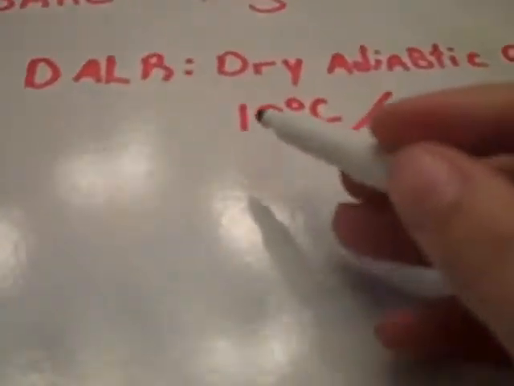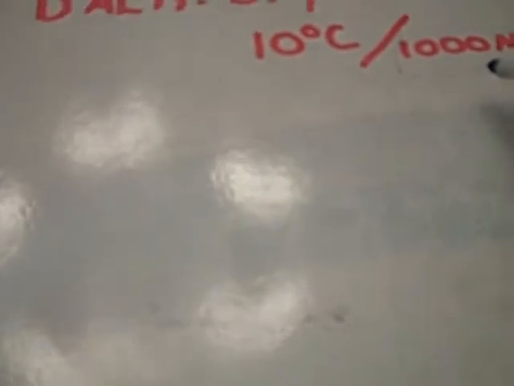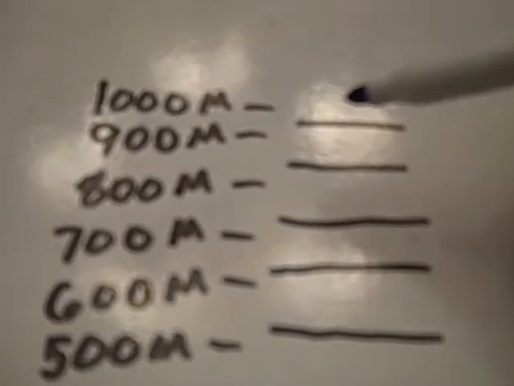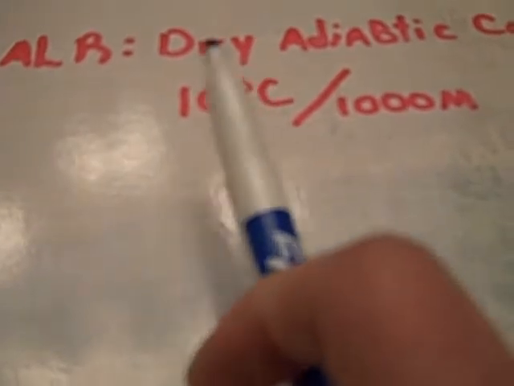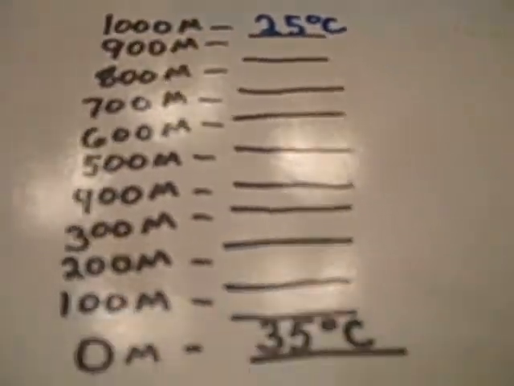Well, if we know that it's 10 degrees every 1,000 meters, I can skip all the way up to the 1,000-meter mark and know that it's going to be 10 degrees colder. If this is 35 degrees, this is going to be 25 degrees C. Since this is an increment of 1,000 meters, and I break the 10 degrees up into 100-meter increments, there would be 10 in between, meaning I drop the temperature 1 degree each time.